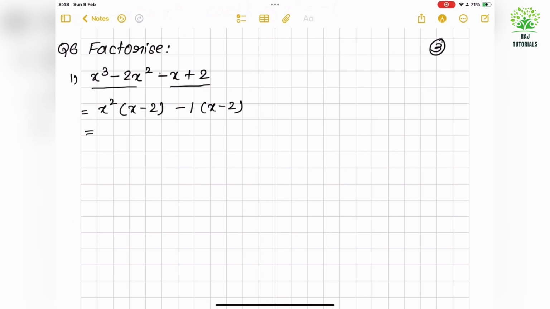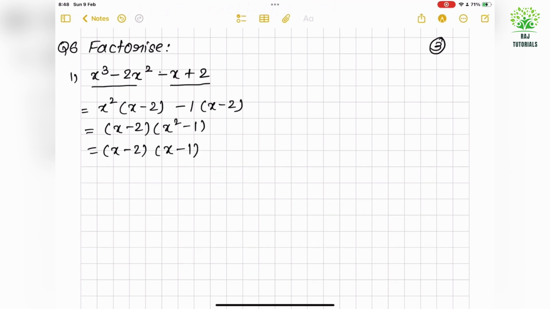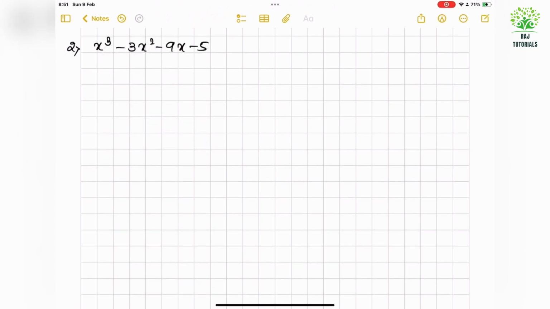So I will have x minus 2 and x square minus 1. Now again, x square minus 1 is a square minus b square, so I can write x minus 1, x plus 1. Now next is x cube minus 3x square minus 9x minus 5.